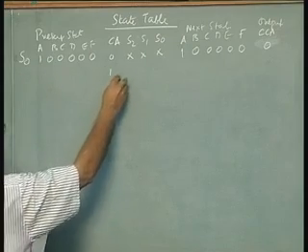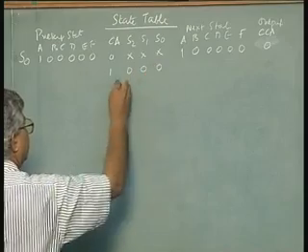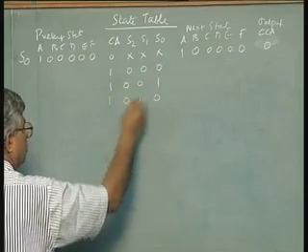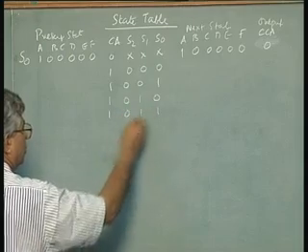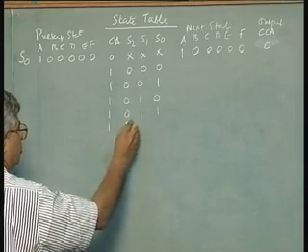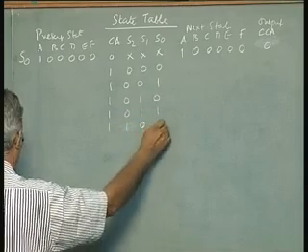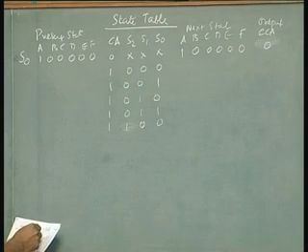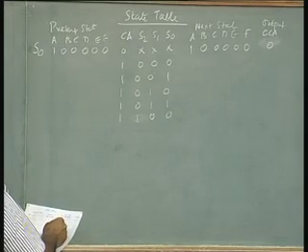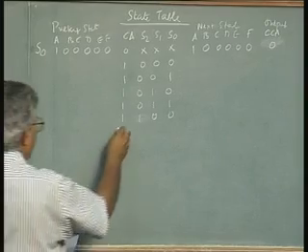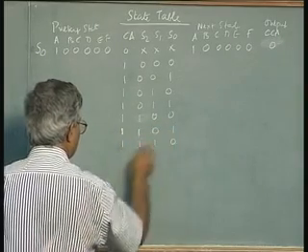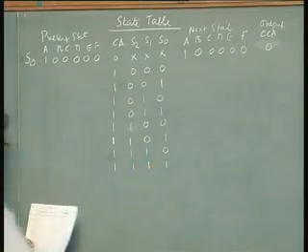CA is 1, then there can be 5 combinations. So 0 0 1, 0 1 0, 0 1 1, 1 0 0, and then if it is a 1 0 1, this is not going to happen.